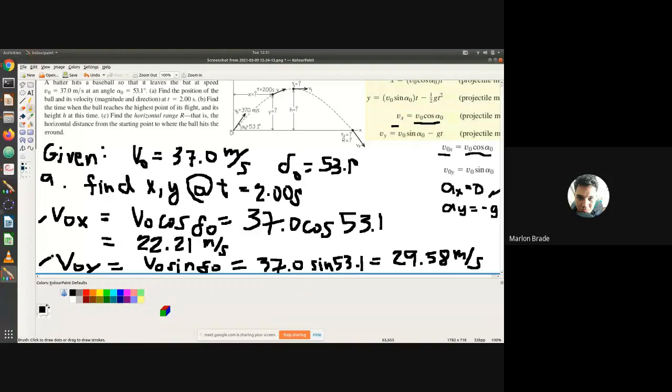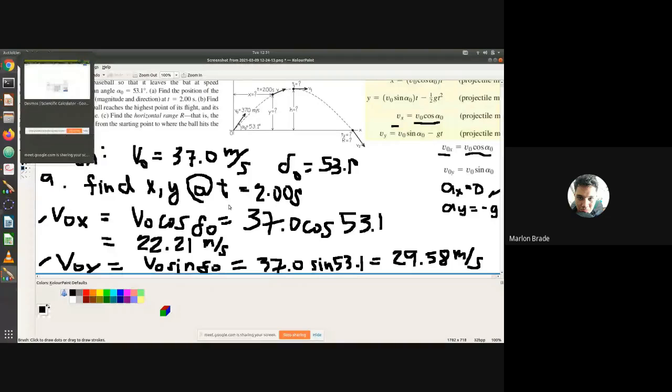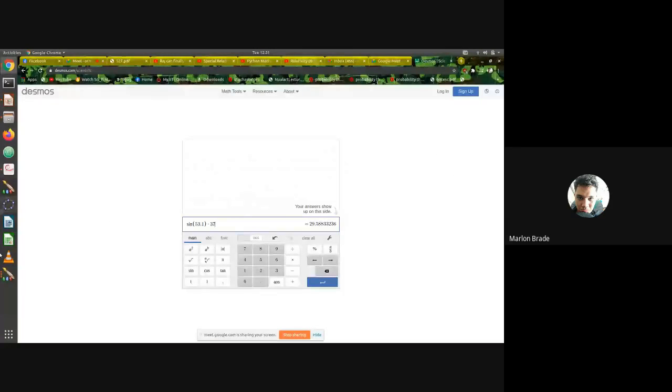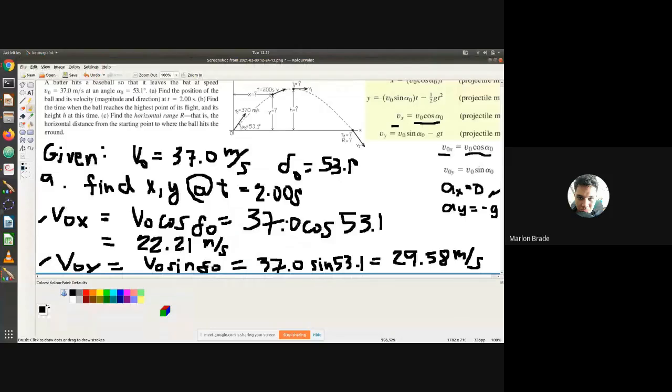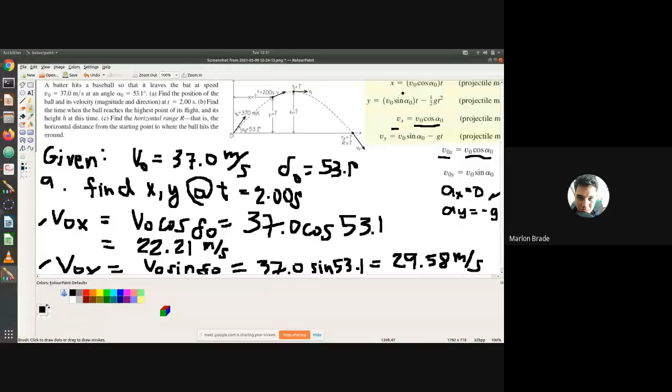So let's solve the y, and let's solve the x. So x is equals to v naught cosine alpha naught, but v naught cosine alpha naught is just v naught x, right? See, v naught x is equals to v naught cosine alpha naught.